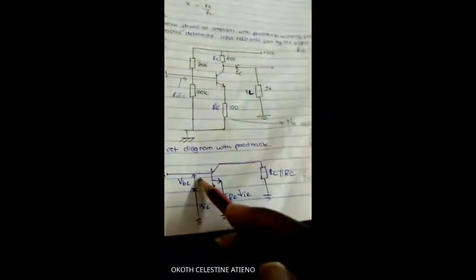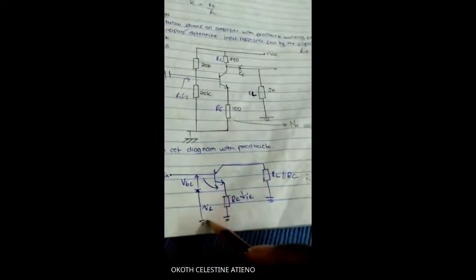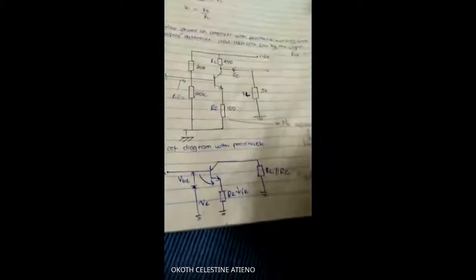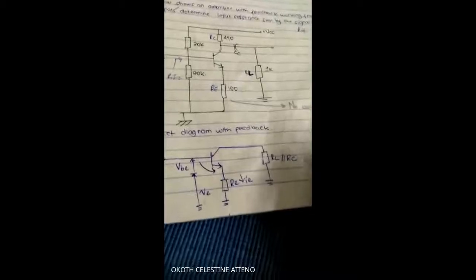Our V in here is VBE plus VE, and VE is IE RE. So I have VBE plus IE RE over IB.